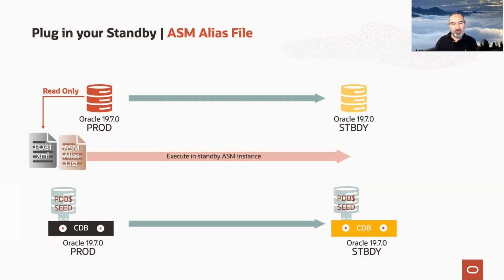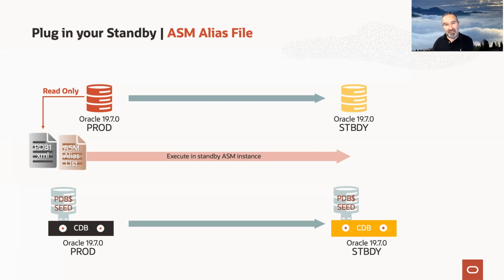Otherwise, if I would plug in on the other side without this alias file, it would search for the exact files on production, which does not work because they are differently named. In file system, this is not a problem because my system01.dbf is named system01.dbf on the standby as well, but not in ASM with OMF. So every time you have OMF, you need this extra alias list file.